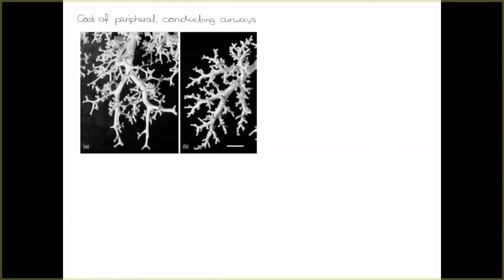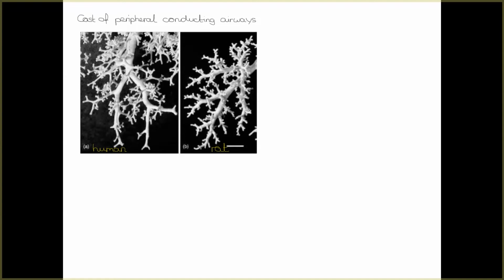This is just an example of a visualization, on the left, of a human bronchial tree. These are the conducting airways. This is not showing any of the alveoli. It's really just the airways, and on the right is the rat. There are differences, but essentially the architecture is quite similar.